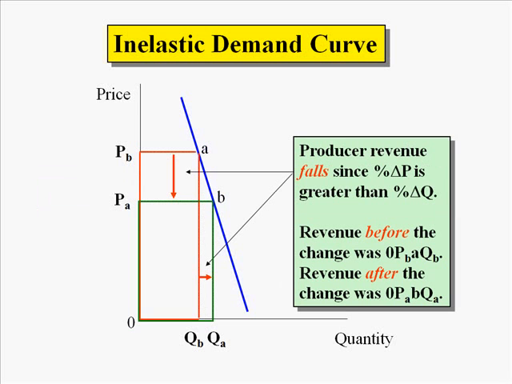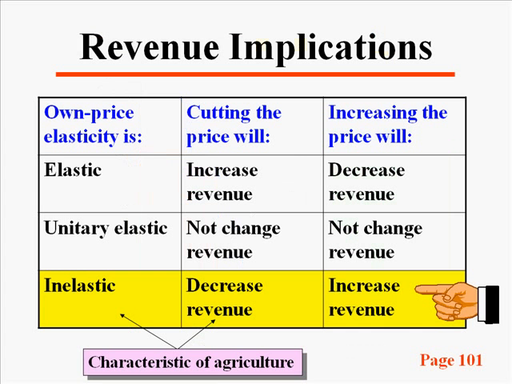It's a little harder to see on this graph than on the elastic demand curve. The boxes are definitely different sizes, and this one's a little more difficult, so you'll kind of have to take my word for it. But producer revenue will decrease if you have an inelastic demand curve and you decrease your price.